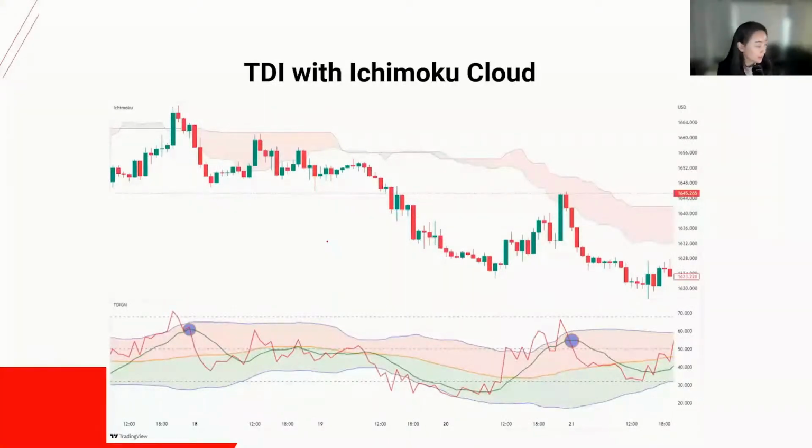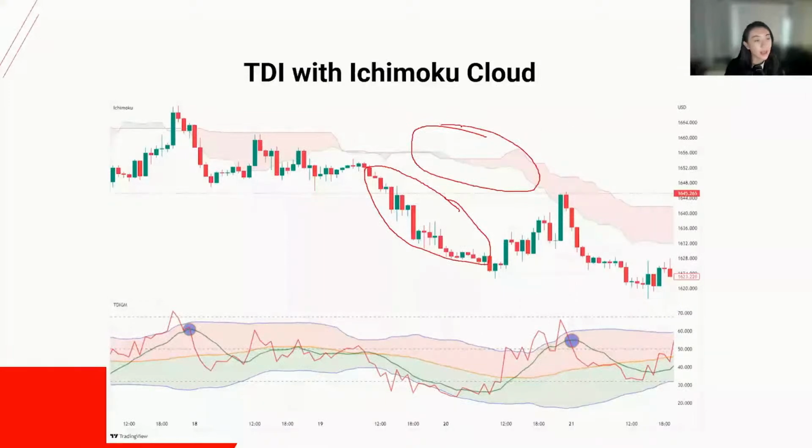So now let's take a look at TDI with the Ichimoku cloud. The Ichimoku cloud is another indicator for us to identify whether it is a bullish or bearish market. Let's do a quick recap. When the price is moving below the cloud, something like this, you see this is the price movement and this is the cloud, that means this is a bearish market.